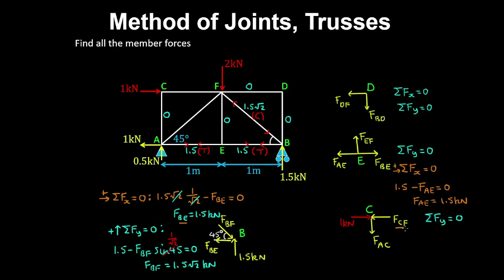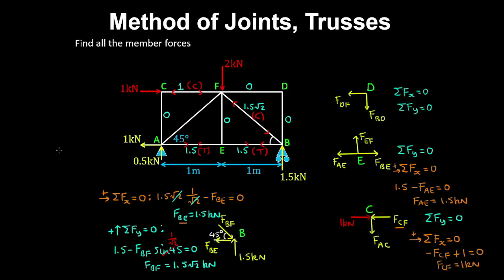And if we take a horizontal equilibrium of joint C, using the same sign convention, we have minus FCF plus 1 kilonewton is 0, and therefore FCF is 1 kilonewton. So we'll write that opposite the member. And this force is going into joint C, so this member is in compression.